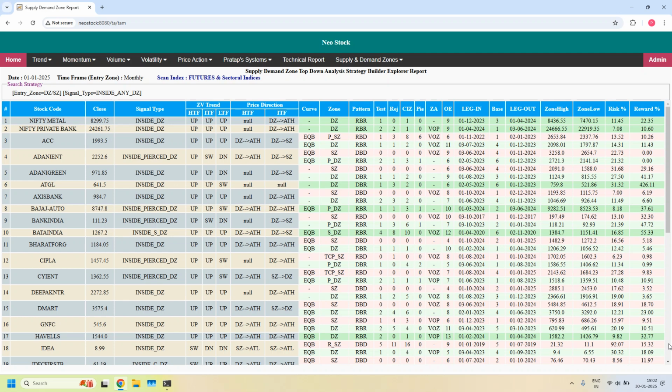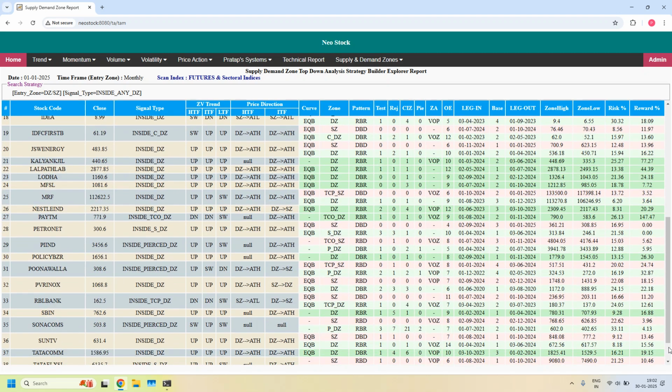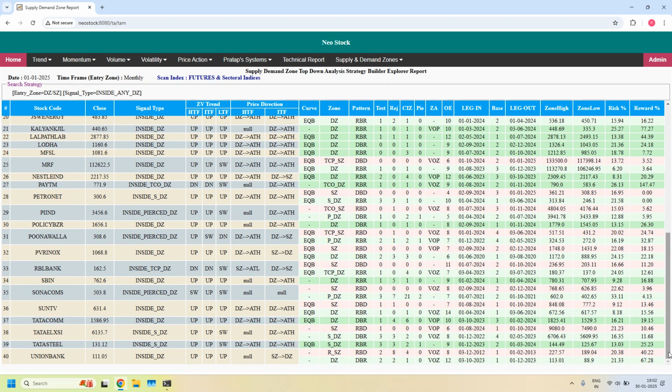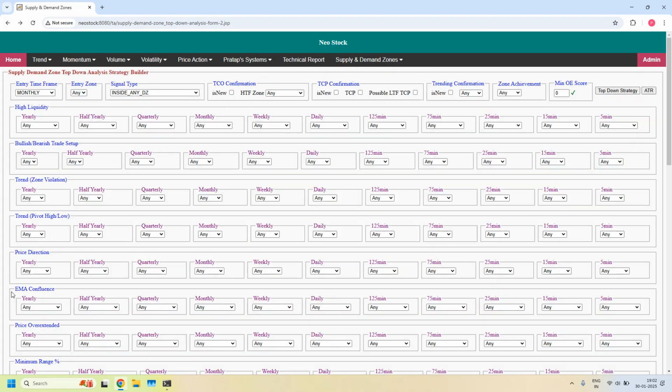First 18 stocks in the list. I am scrolling the list down. So total 40 stocks are filtered. Out of these 40, how many are having monthly EMA confluence? Let's verify.